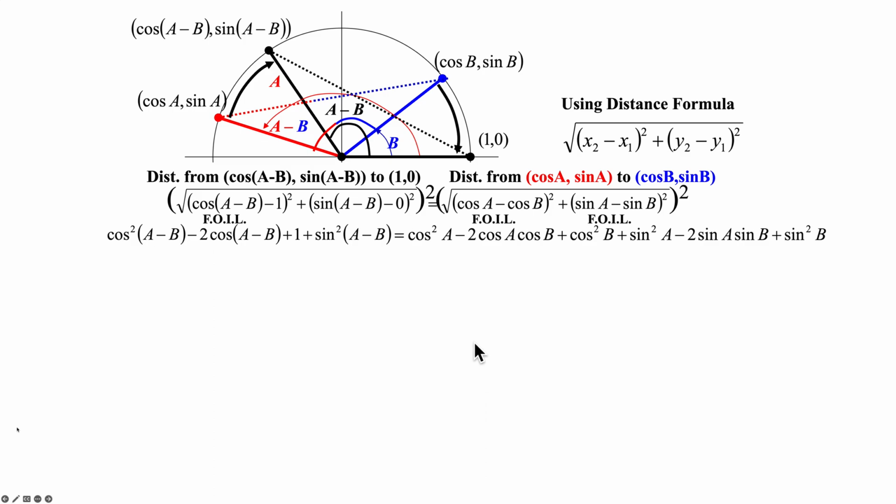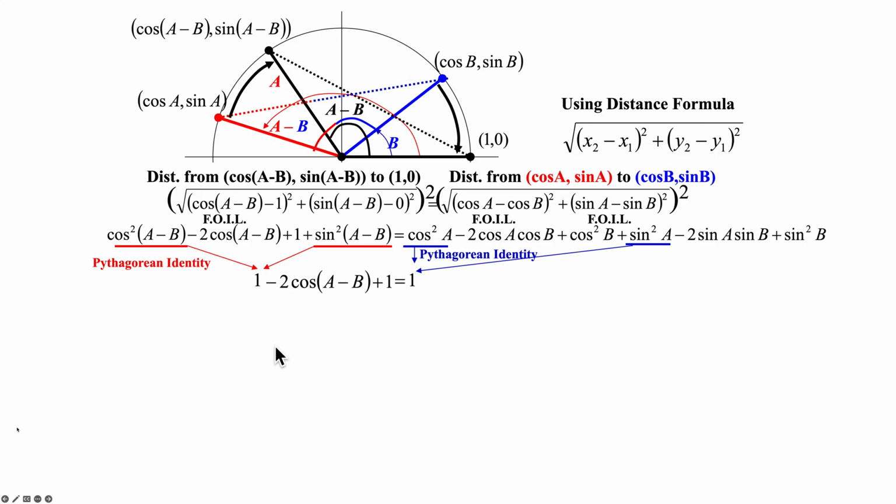Wait a minute, I see a lot of sine squareds and cosine squareds here. We have some simplifying to do. Cosine squared of A minus B plus sine squared of A minus B, these two become a 1. Bring down the rest: my minus 2 cosine of A minus B plus 1.